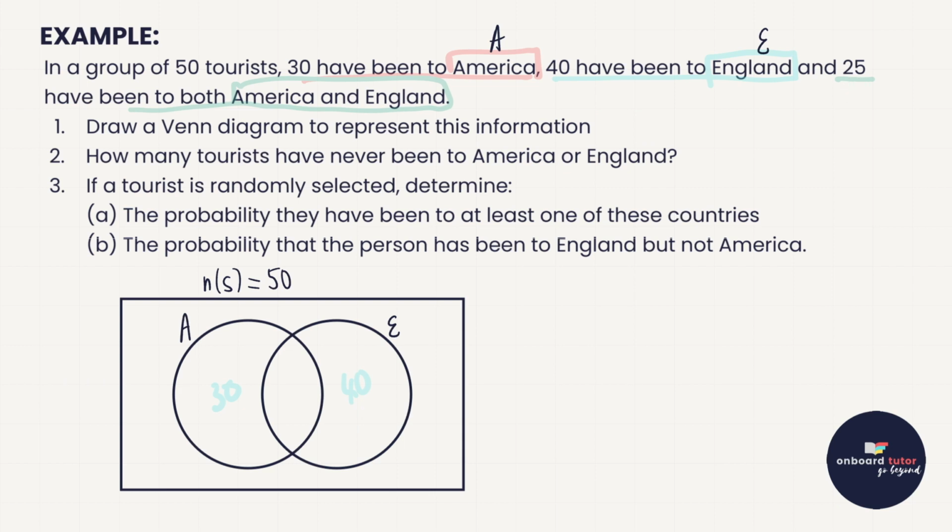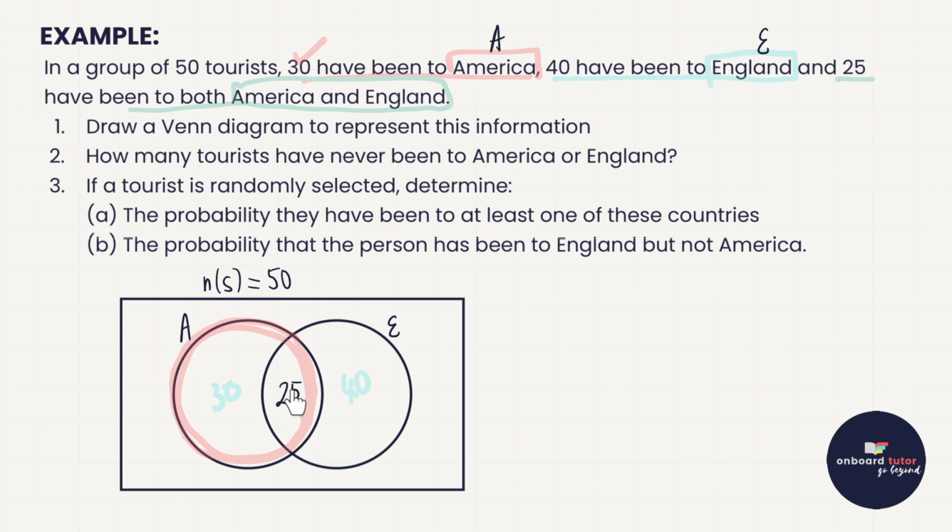Okay. 25 have been to both America and England. That one is a sure thing. We can put those 25 there. We know that that's the intersection. Now let's try and figure out what's gone wrong here with this 30 and 40. In my America circle, I need to have the 30 tourists who have traveled there.